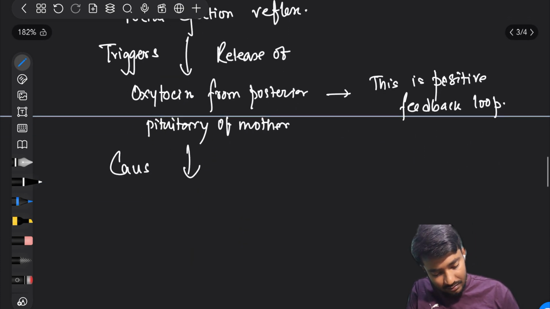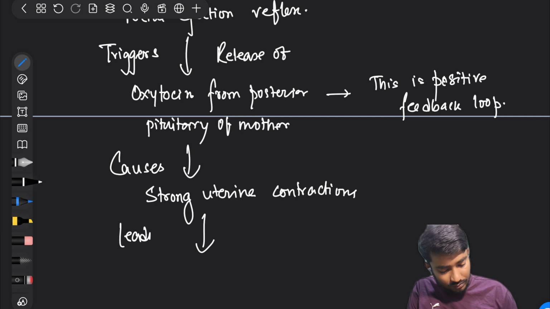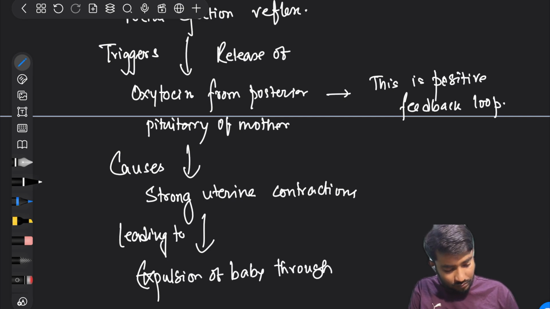And it causes strong uterine contractions, leading to expulsion of the baby through the birth canal, or parturition.